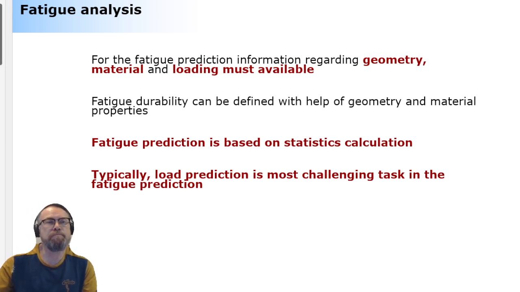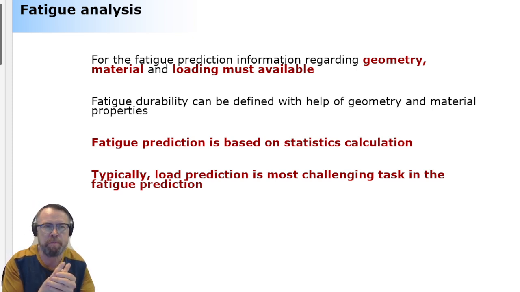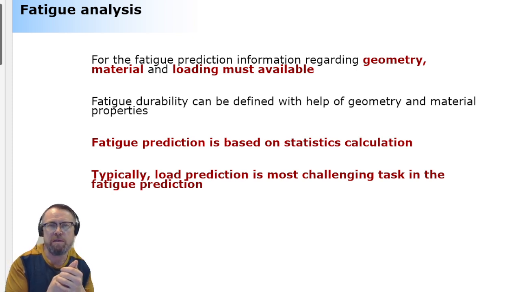All right. So you can do the fatigue prediction if you know three things. You need to know the material, which in a steel structure is just steel. Then you need to know the geometry, so you need to know a little bit about the details of the joint you're predicting the fatigue for. And then the most cumbersome, the most difficult part, you also need to know the loading history.